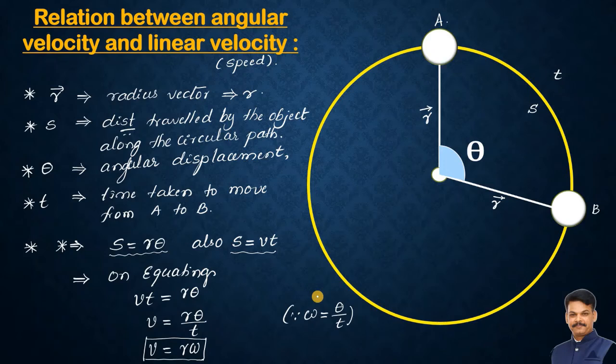Dear students, this is the relationship between the angular velocity and the linear velocity or linear speed. So it is a very simple concept to understand. The same relationship can be modified according to our requirement. Suppose I need to calculate the angular velocity, then I can write the same as v divided by r. I hope you got the concept clear.